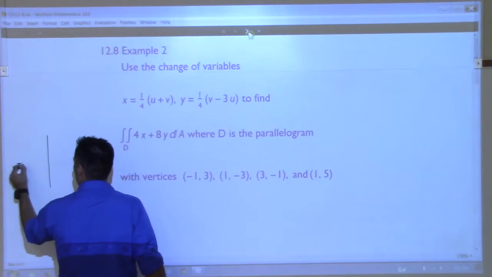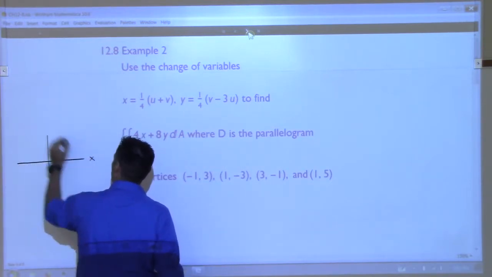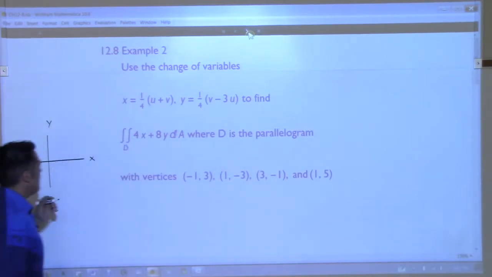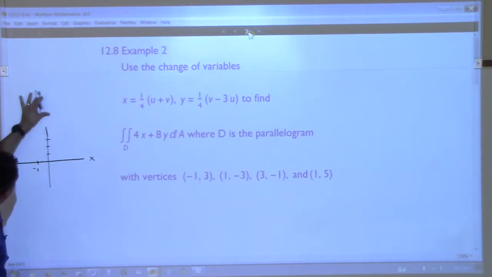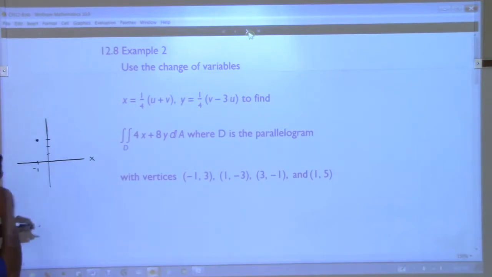Now let's see why we would even want to change variables here. So if I plot this, let's see, -1, 3, here's -1, 1, 2, 3. I think I have a little more room here. That point right there is -1, 3, and then we have 1, -3.